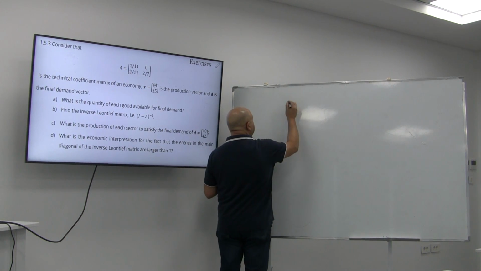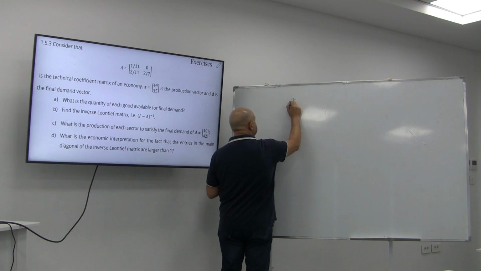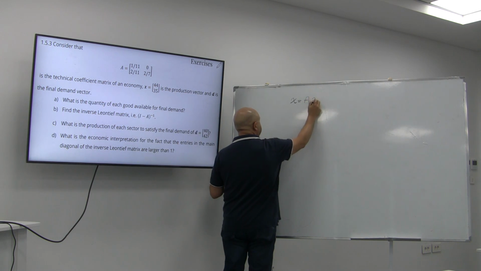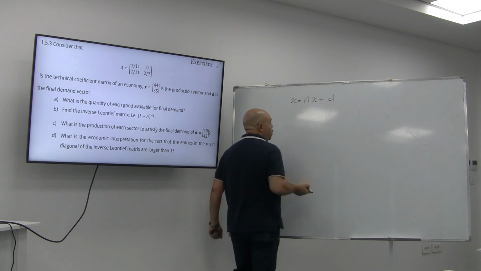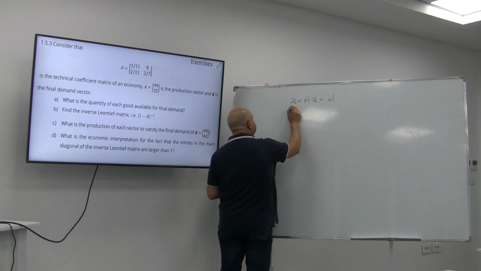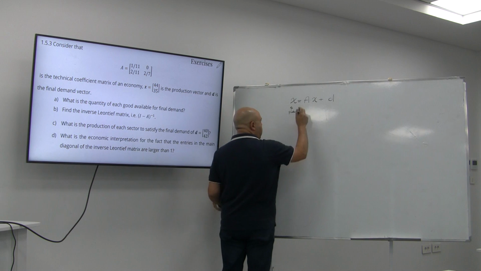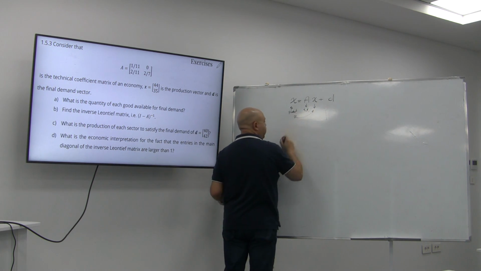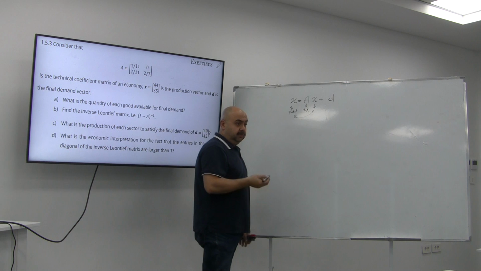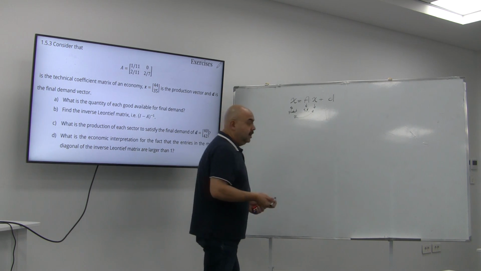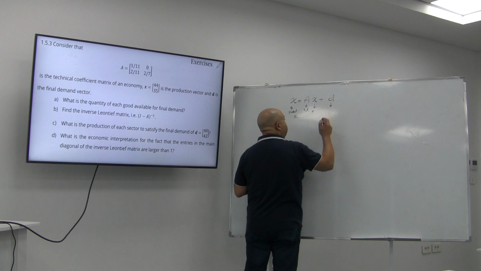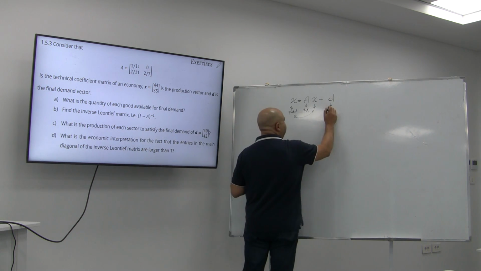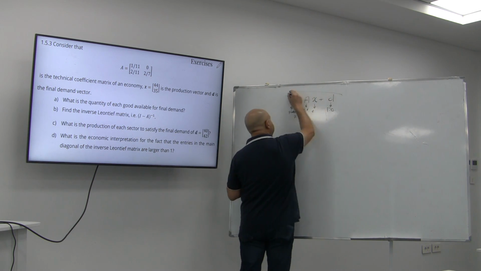First of all, the Leontief model states that X equals A times X plus D, where X is the production of each sector, A is the technical matrix, X is still the production because it's the same vector and represents the production for more than one sector, and D stands for the final consumption or the final demand for this model.